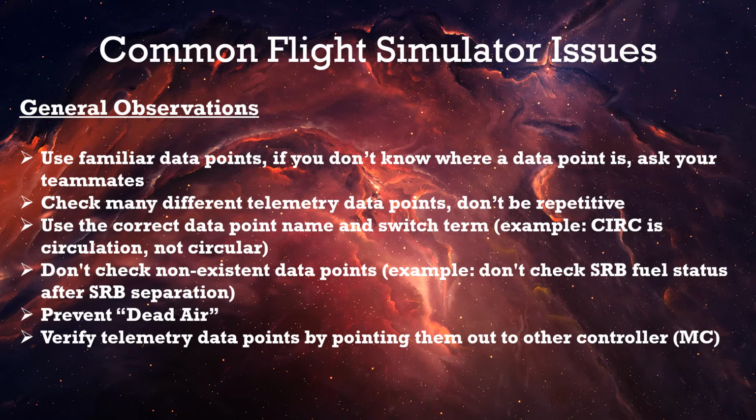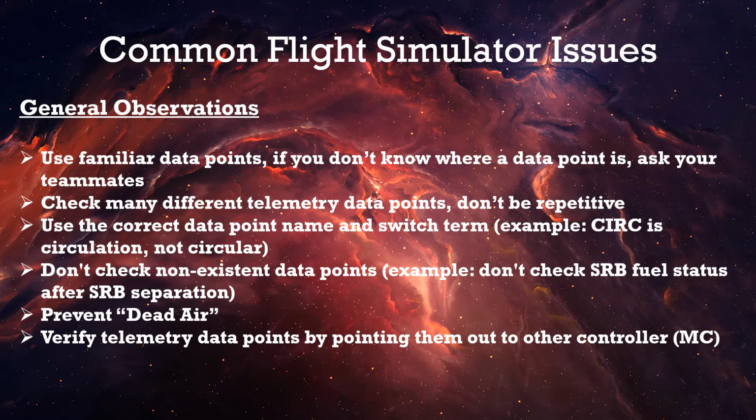The other thing that I would address is in mission control and also in the flight simulation crew, when you are verifying a data point, a telemetry point, it's really good to point it out on the screen so the other people working with you know that you have seen it and that what you're responding with is the actual value at that time. Another point is with telemetry, you should respond with the discrete value of the data point if it has one.